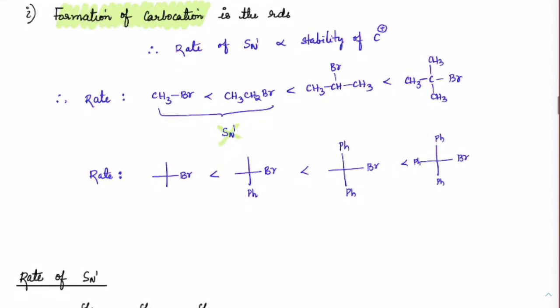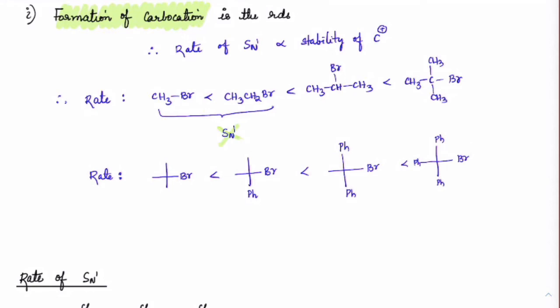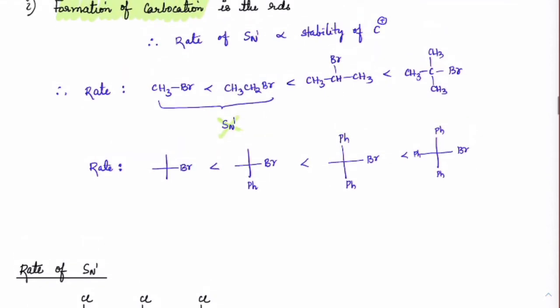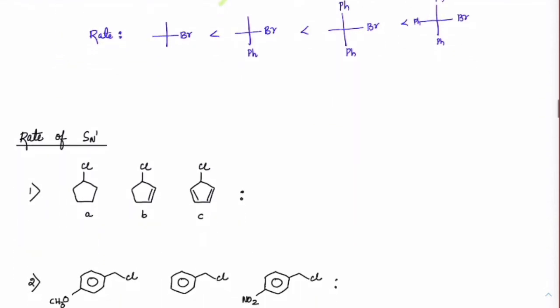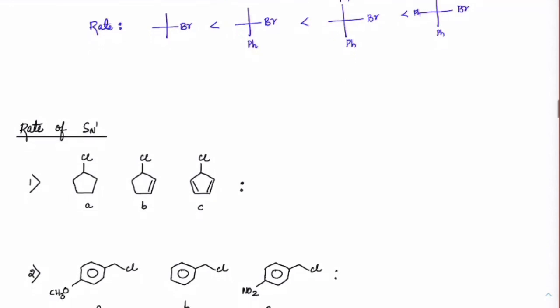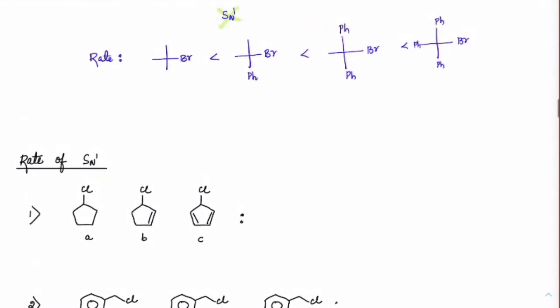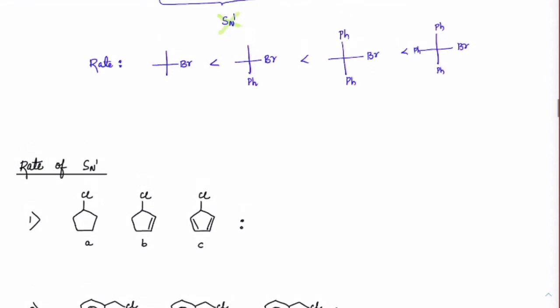Now we will see a few questions where the rate of SN1 has to be decided, just like a few minutes back we saw how the rate of SN2 was decided. Let us see a few questions now. Check out the first one, A, B, C, and we'll write a brief reason. Between A, B, C, this is secondary, secondary and secondary, so it is not the position. But here the carbocation which is forming will undergo allylic stability.